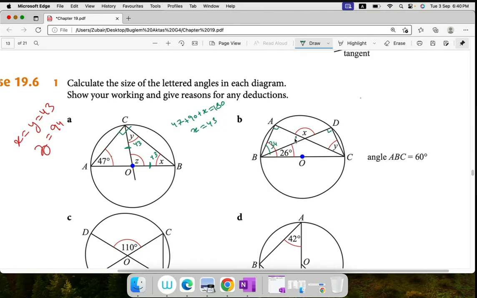So subtracting these two, I can find this angle: 180 minus 90 minus 34, I get 56. So x is equal to 180 minus 56, which is 124. And we can find y. This is 56, opposite angle is 56, and y is 34.